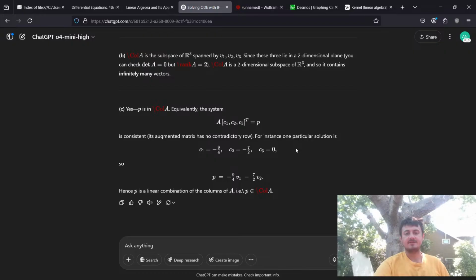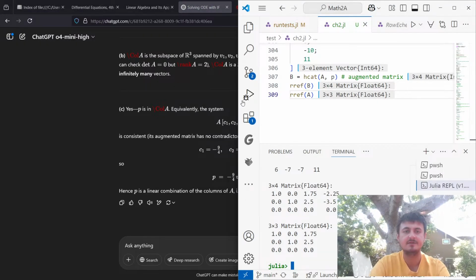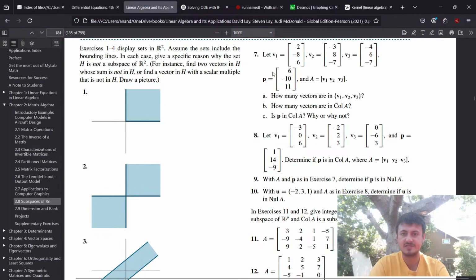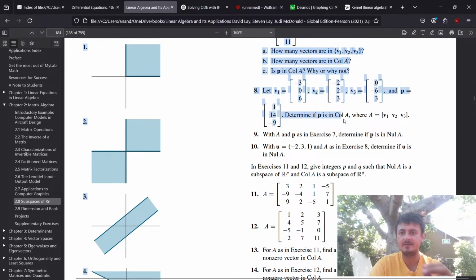That's the easiest thing. And then this is just a linear combination. All right, that's easy. Easy enough. So 7 is done. 8.